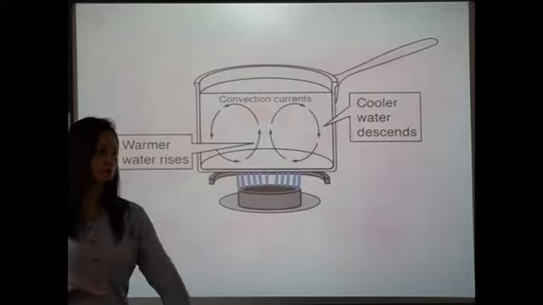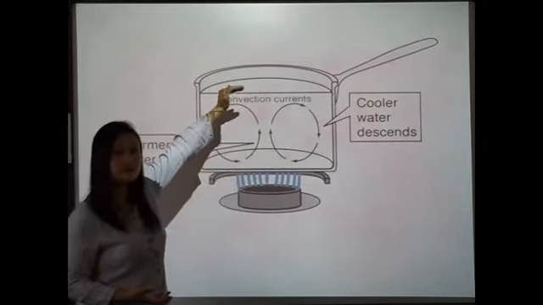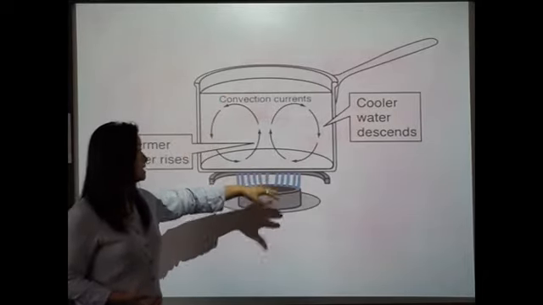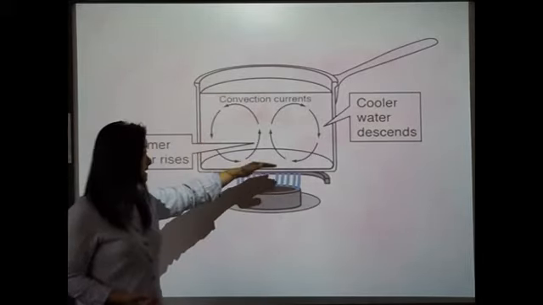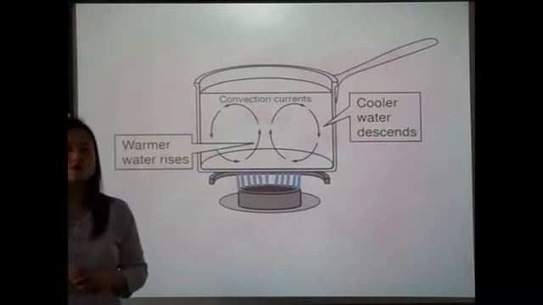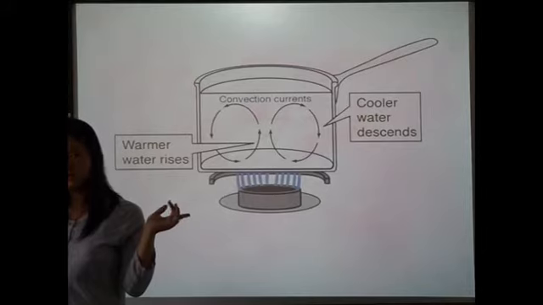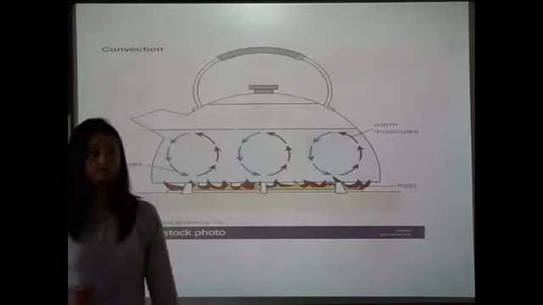Because the water particles which are closer to the heat get heated first and then they rise up. The cold particles come down, they get heated, and again rise up. Another set of cold particles come down, they get heated, they rise up, and the process continues till all the particles get heated. This process in which heat is transferred is called convection.